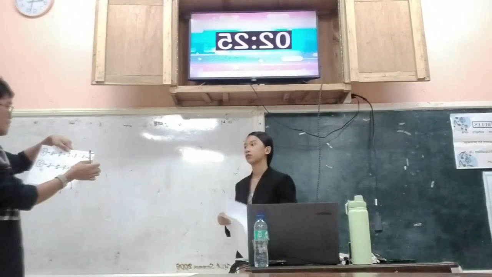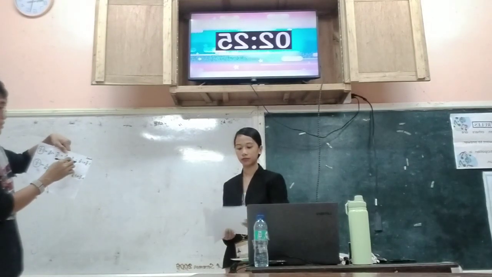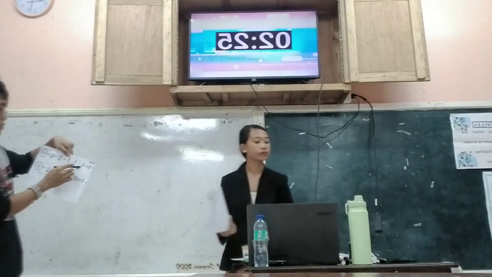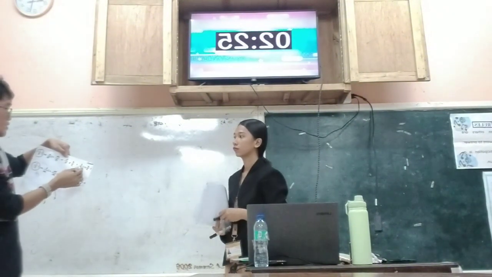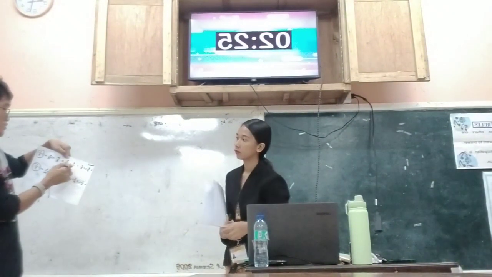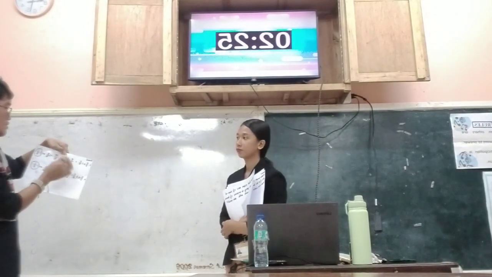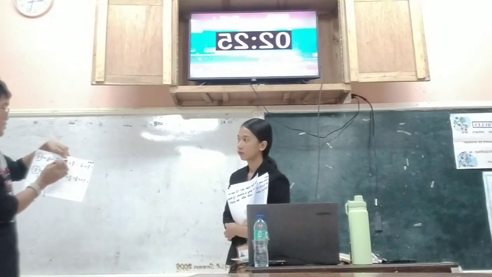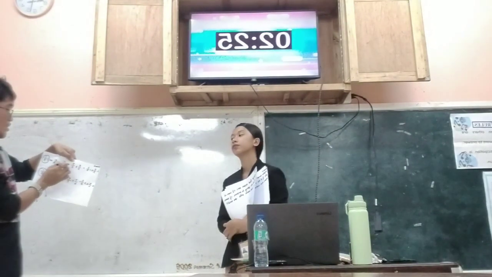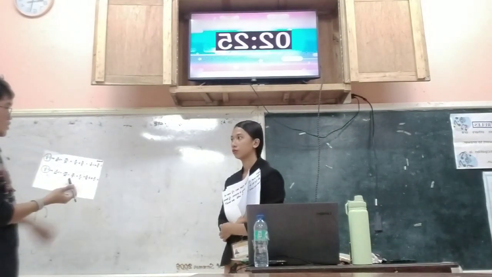Now, the problem is 4 over 5 times 1 and 2/3. The first step is I convert this mixed fraction to improper fraction. That's why the result is 4 over 5 times 5 over 3. And then I will multiply the simple fractions.